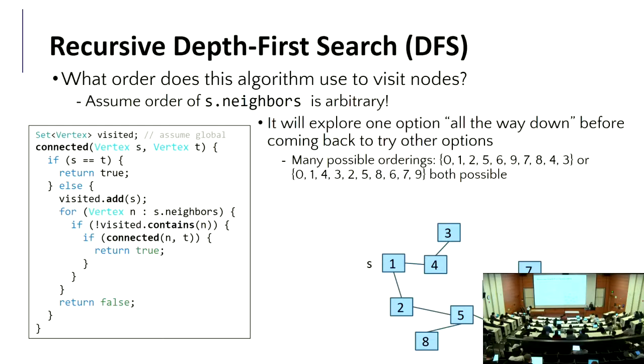So in depth first search, the way this kind of works is we start at a node, we look at its neighbors, we pick its first neighbor, and then we look at all of that neighbor's neighbors, and then all of that neighbor's neighbors, and then all of that neighbor's neighbors. So we sort of do this depth plunge down one particular directionality.